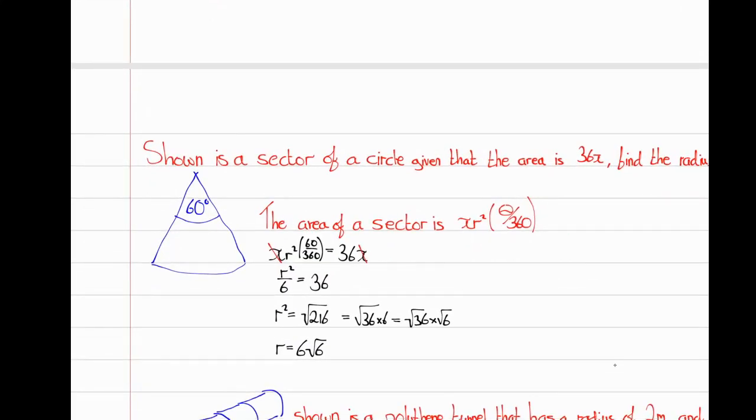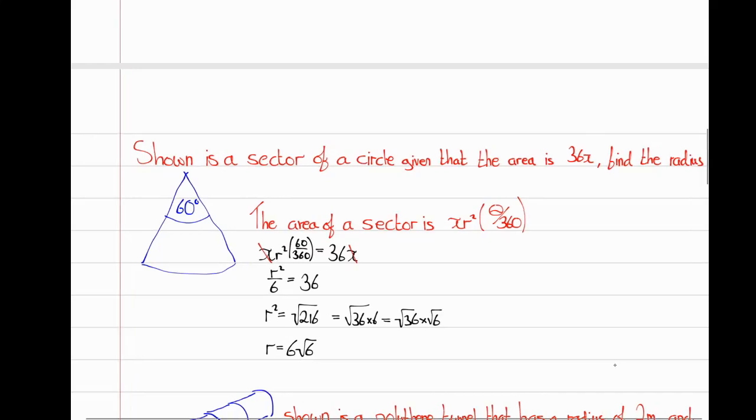So taking into account something that you may see with regard to circles. We have this here, we're told that the arc in the center of this sector subtends an angle of 60 degrees. We're told that the area of this sector is 36 pi, so we need to find the radius. When we're talking about the area of a sector, this area is always going to be pi r squared times whatever angle you have over 360.